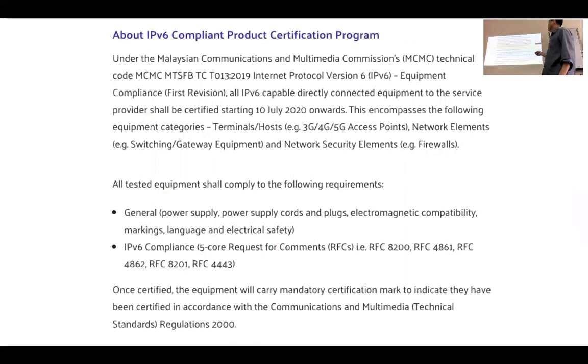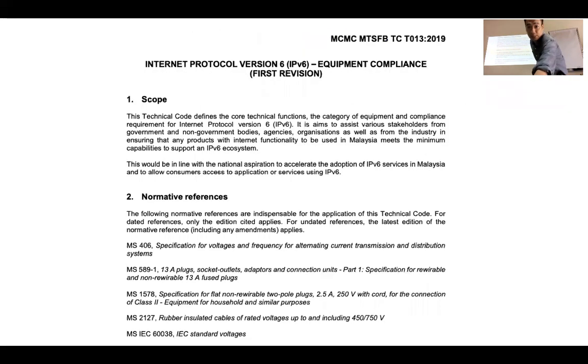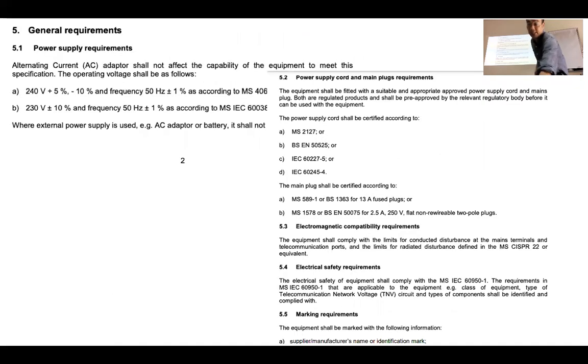Okay, it's the IPv certification, which we also conduct. So kindly participate in our training. We offer this, right? So read this up. These are the compliance, the scope. We have it in the other training.